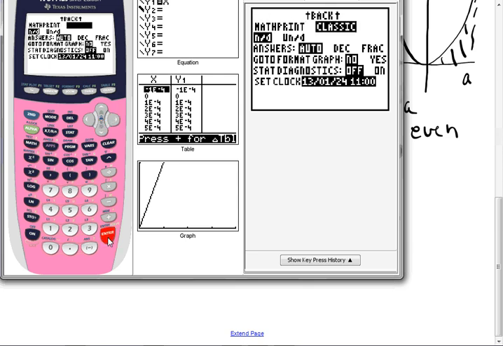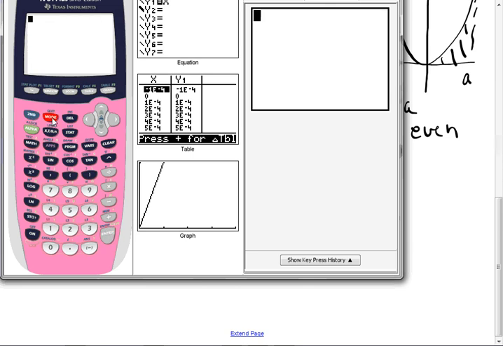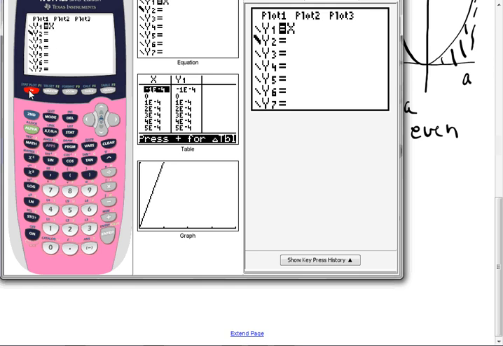If you have the new operating system, you want to be in pretty print. Okay. Now, I'm going to put my function in y equals, y1. I put it in there already, because when you get complicated functions, you don't want to be typing all that with parentheses because you'll get your parentheses mixed up. So in y1, I put in x. And we could graph it, but we're not going to do that.